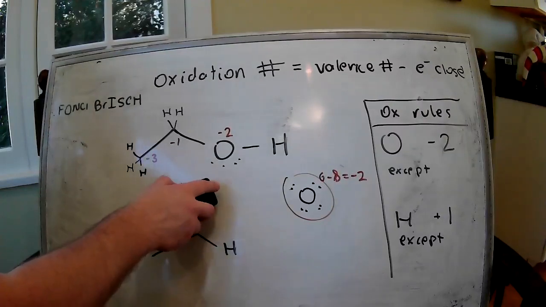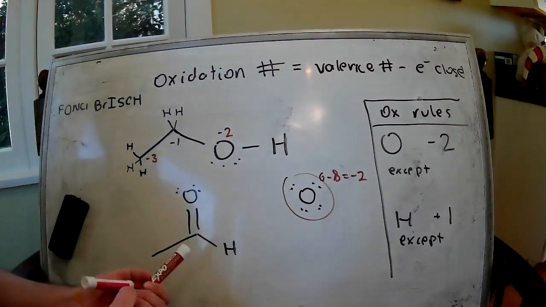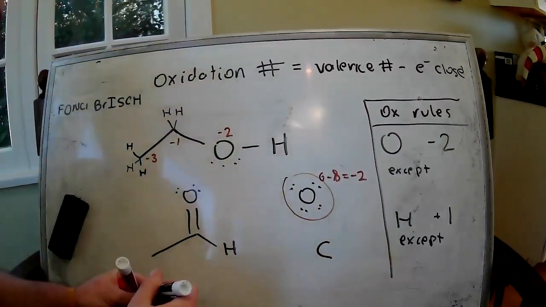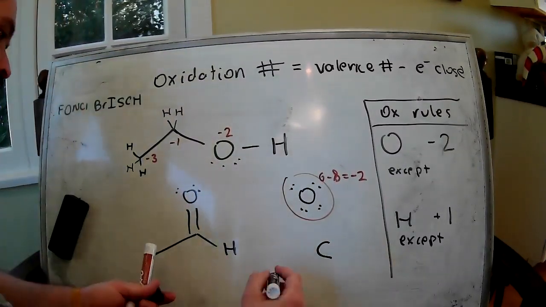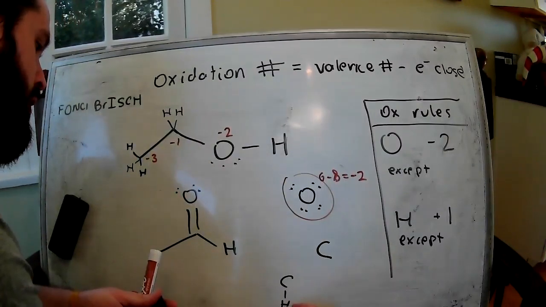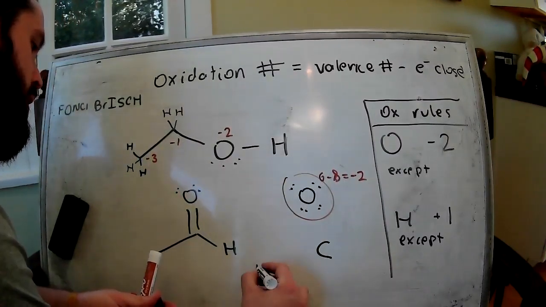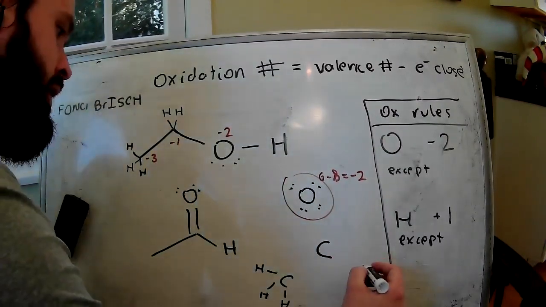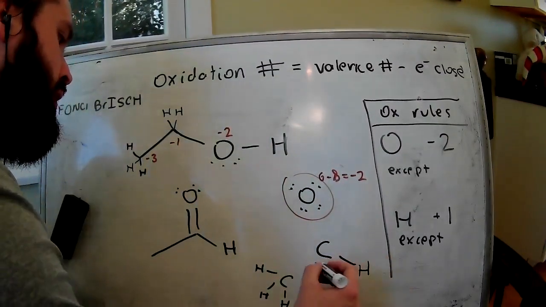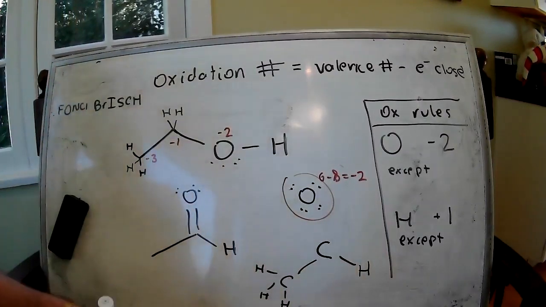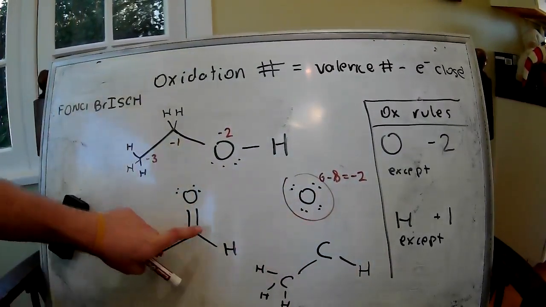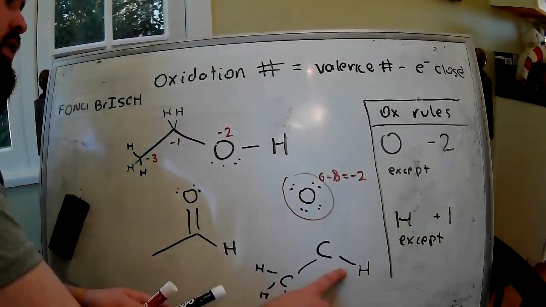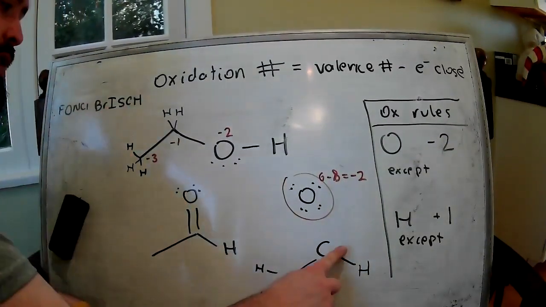Okay. And then if we look at our carbon in the middle here, it's going to be our other carbon down here, right here, and then our hydrogen here. Okay. And oxygen already stole the electrons from these two bonds, so carbon's not working with very much here. It is going to steal the electrons, being more electronegative than hydrogen here.